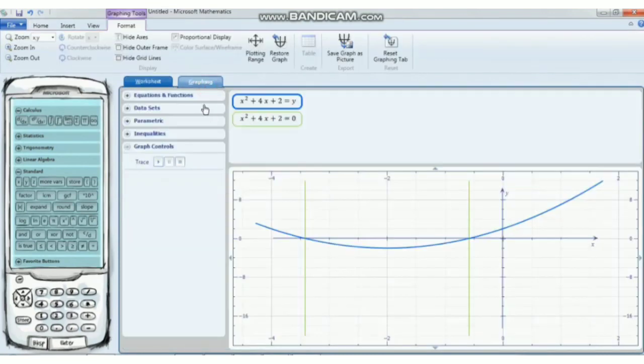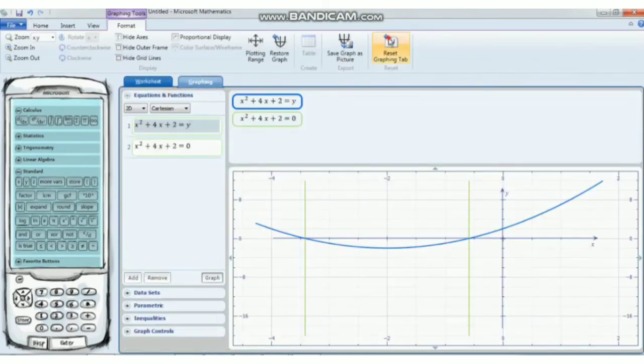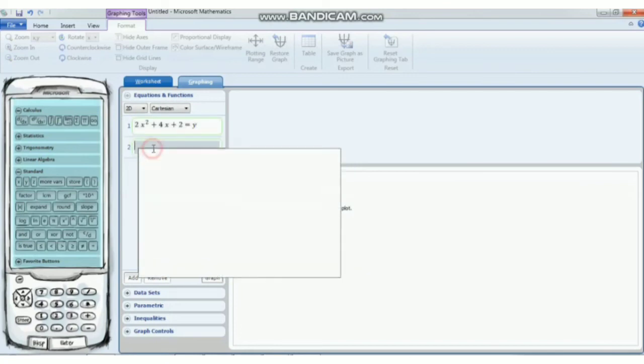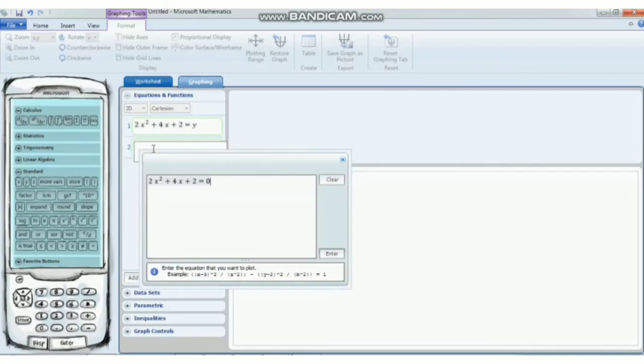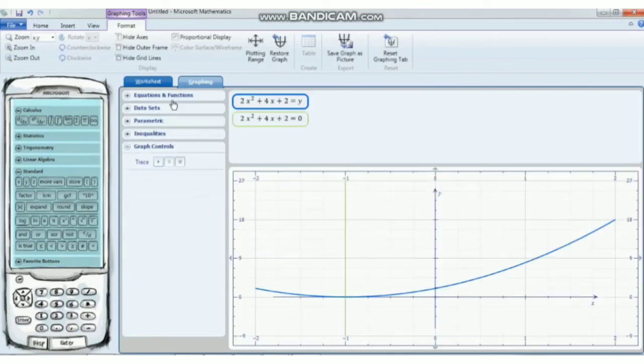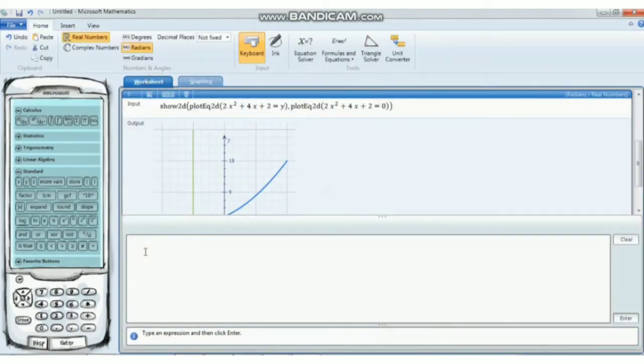And then what if the discriminant D is equal to 0? For example, we use x squared plus 2x plus 1 equal to y and equal to 0. Equal to y finds the graph and equal to 0 finds the value of x. We almost forgot to find the discriminant using the formula.